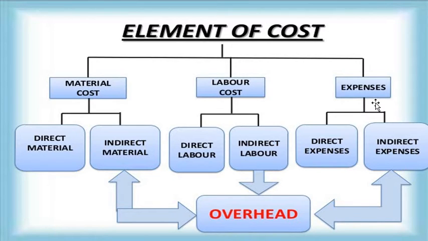Expenses are again bifurcated into two types: direct expenses and indirect expenses. And all the indirect costs are called overhead, meaning the indirect material, the indirect labor, and the indirect expenses, all these are termed as overheads.